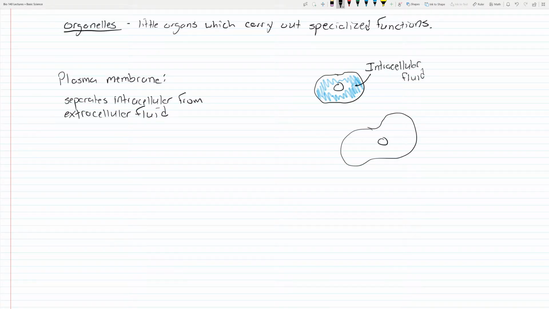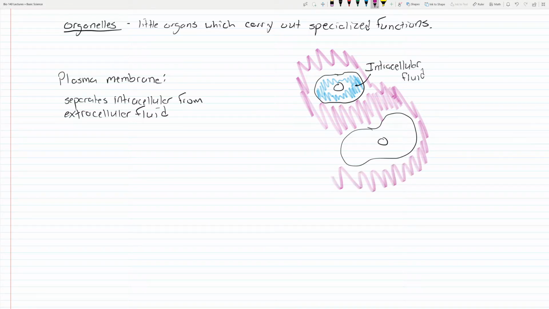It's on the inside of the cell. And on the outside of the cell, every cell you have is bathed in this. I'll make this a nice purplish color. Out here, wrapped around all these cells, along with other proteins and stuff like that, we have the extracellular fluid.